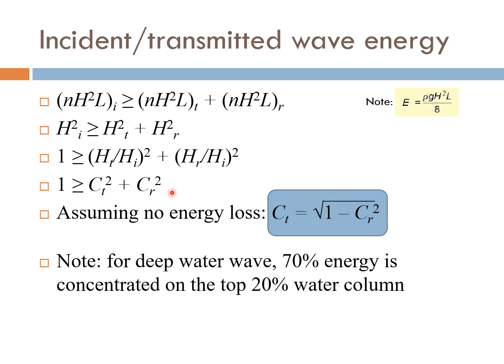So the sum of the square of CT and CR will always be less than or equal to 1 due to energy dissipation. If there is no energy loss, then from here we are able to get CT as the square root of 1 minus CR squared.